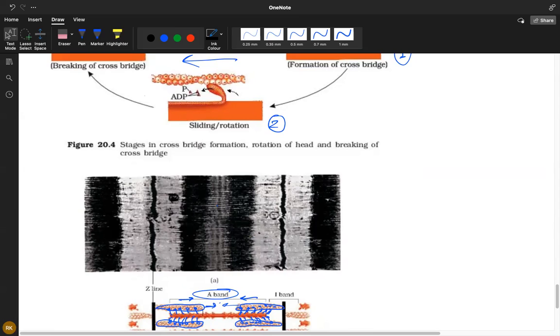Now, what are these actin filaments attached to, Jania? What are these actin filaments attached to?